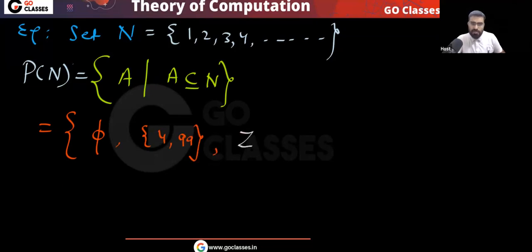Is the set of integers a subset of N? No, this is not a subset of N. Is the set of all prime numbers a subset of N? Yes, this is also a subset of N, right?